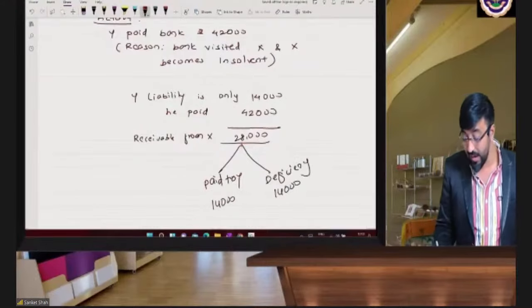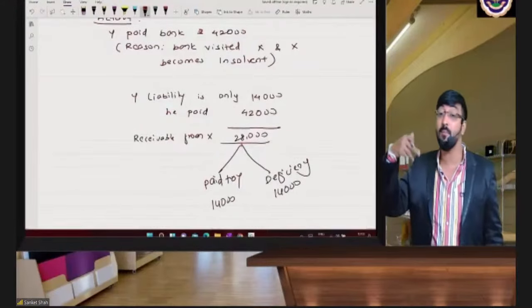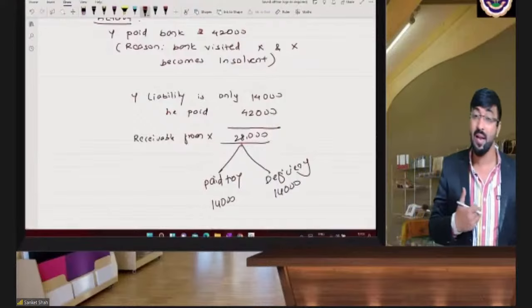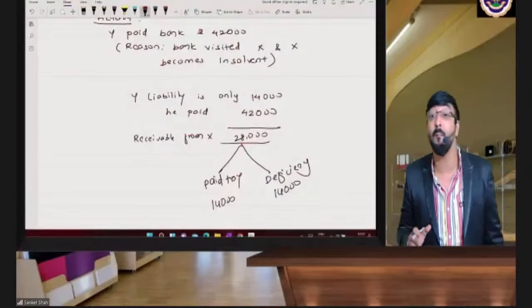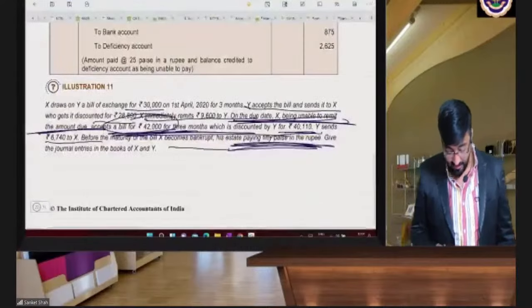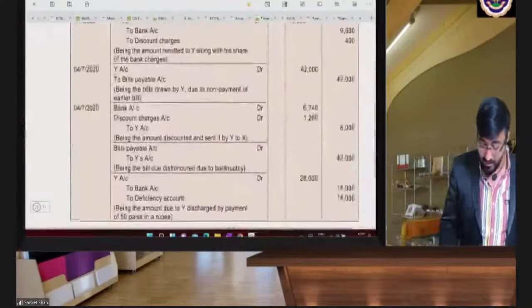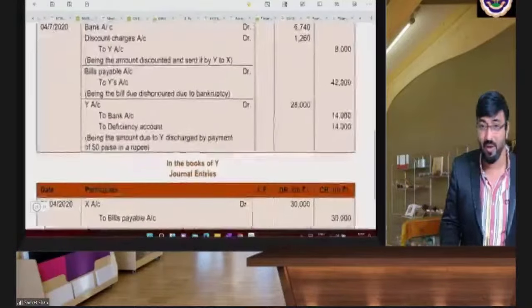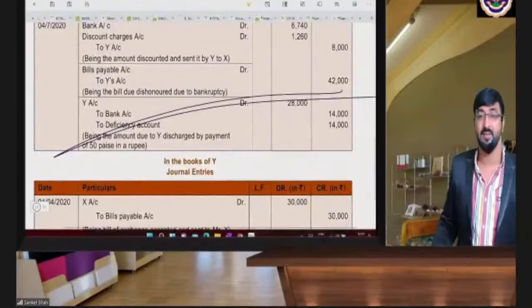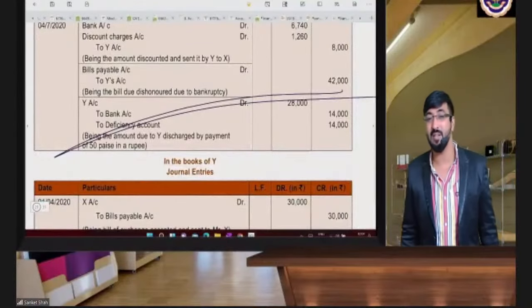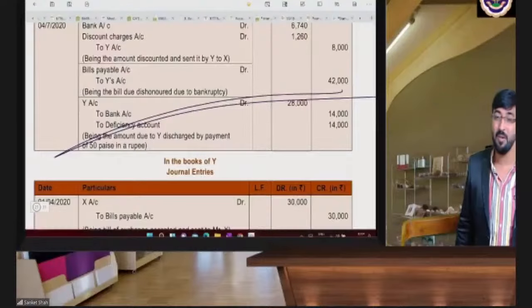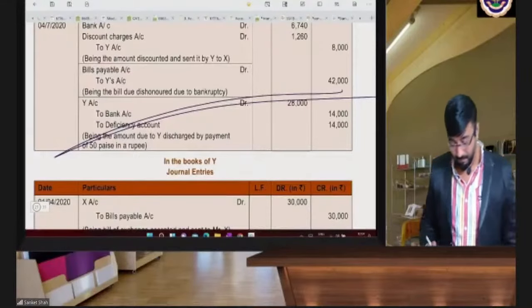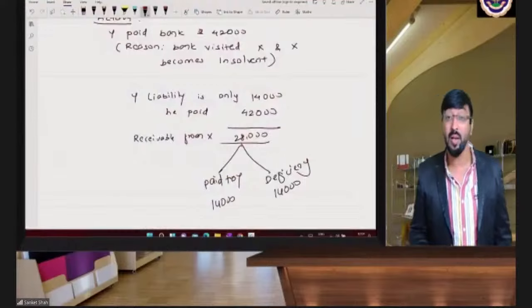Because we are X, beta, we are X. Bad debts will be passed by Y. We are X. So if we have not paid anyone, it's our deficiency. We can't say it is a bad debt. So the last entry is, if 14,000 is correct, then our whole answer is correct. To bank, to deficiency. So the last entry is correct, sir. 28,000, 14,000 and 14,000. This is how you have to remember this question.